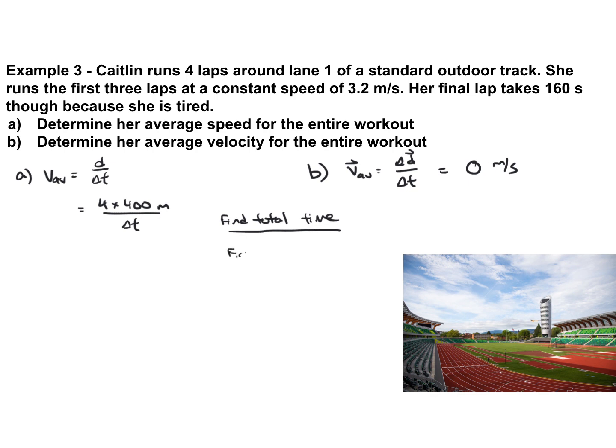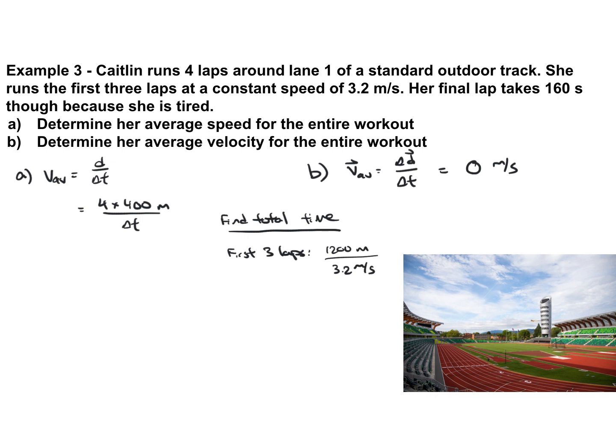So for the first 3 laps, she ran, so that would be 1,200 meters. And she did that at 3.2 meters per second. So how many seconds is that overall? You can get the answer to that by dividing. And 1,200 meters divided by 3.2 meters per second.